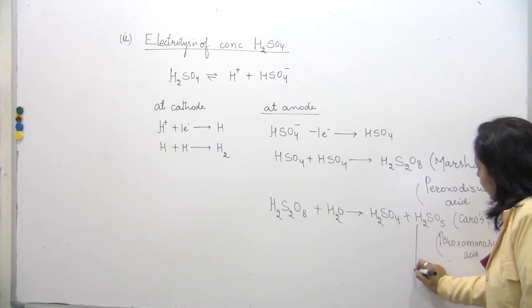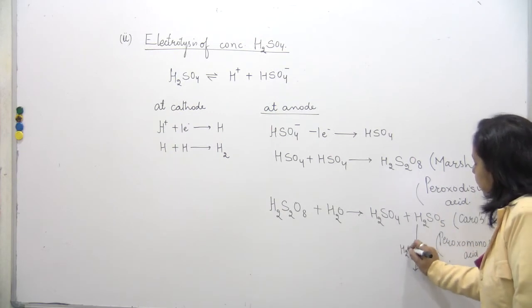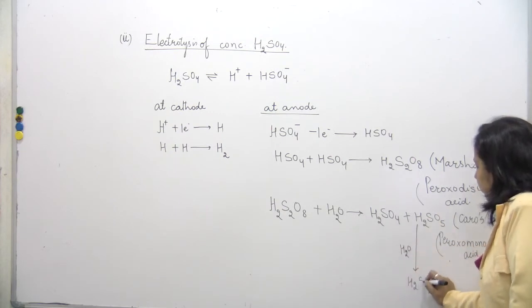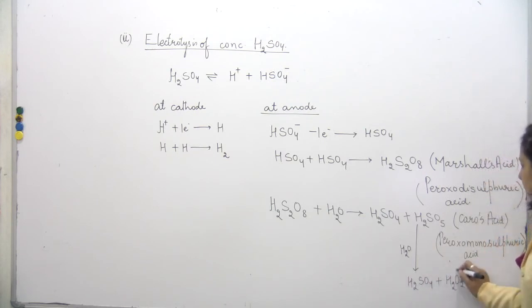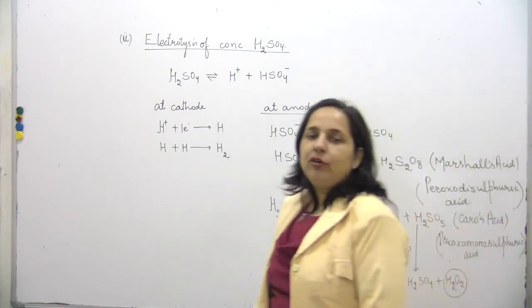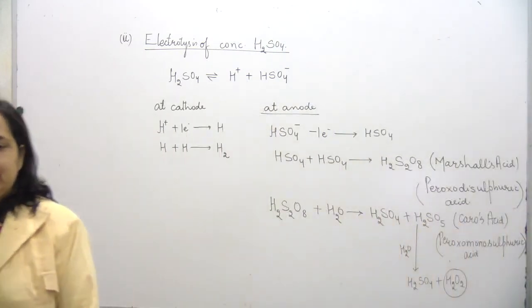This peroxomonosulfuric acid again is diluted to give us H2SO4 and hydrogen peroxide. This is how we can get formation of H2O2 by using electrolysis of concentrated sulfuric acid.